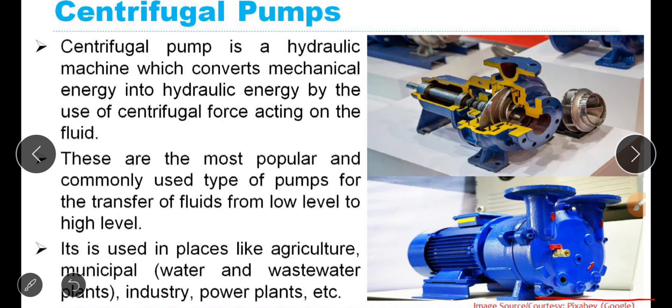All of you must have seen the pumps. It is shown in the photographs also here. Am I right? So different types of pumps are there.